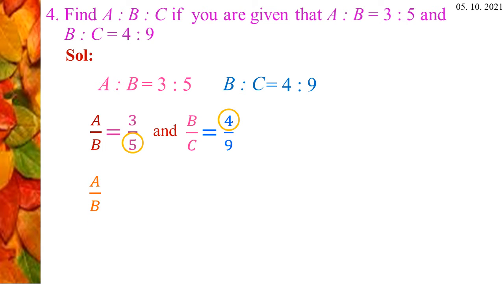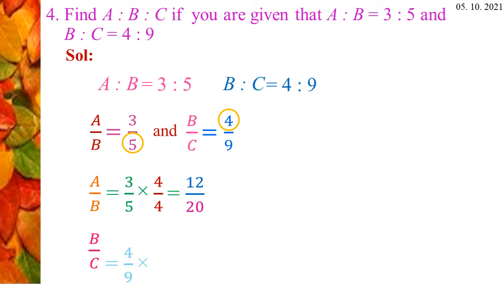Now take A by B equals 3 by 5. We have two different values for B: one is 5, another is 4. So now we have to find the same B value. Multiply 3 by 5 by the second B value, 4, in numerator and denominator. 3 fours are 12, 5 fours are 20.